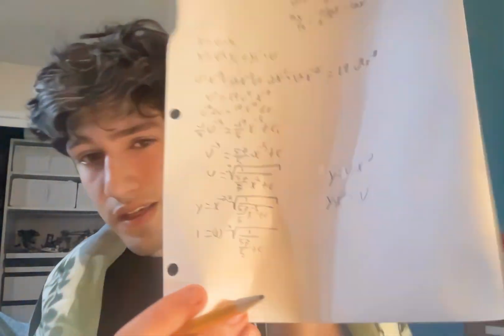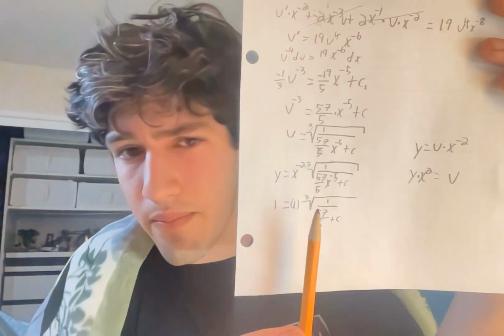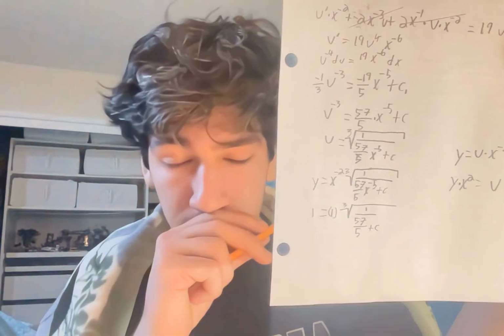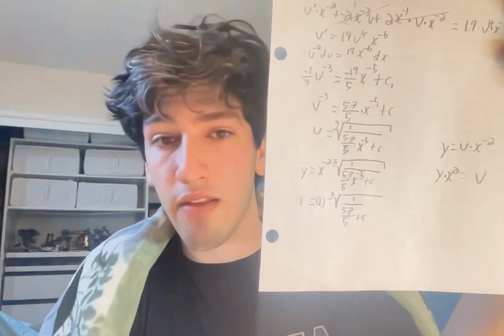So plug in 1 for y and 1 for x. The cube root of 1 over, right, so for this equation to be equal to 1, that c needs to add together with 57 over 5 to equal 1. So you know that c needs to be negative 52 fifths.